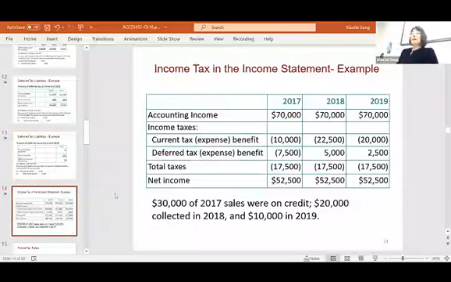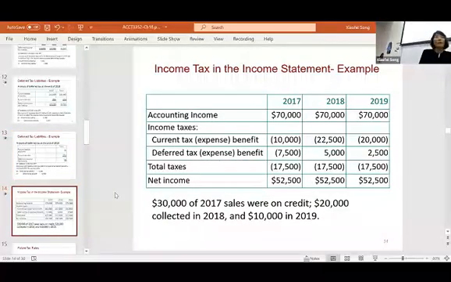So after we did all that calculation, we can prepare our income statement properly with the proper income tax in accordance with the requirement. So for 2017, we have accounting income of 70,000, and we have current tax expense.